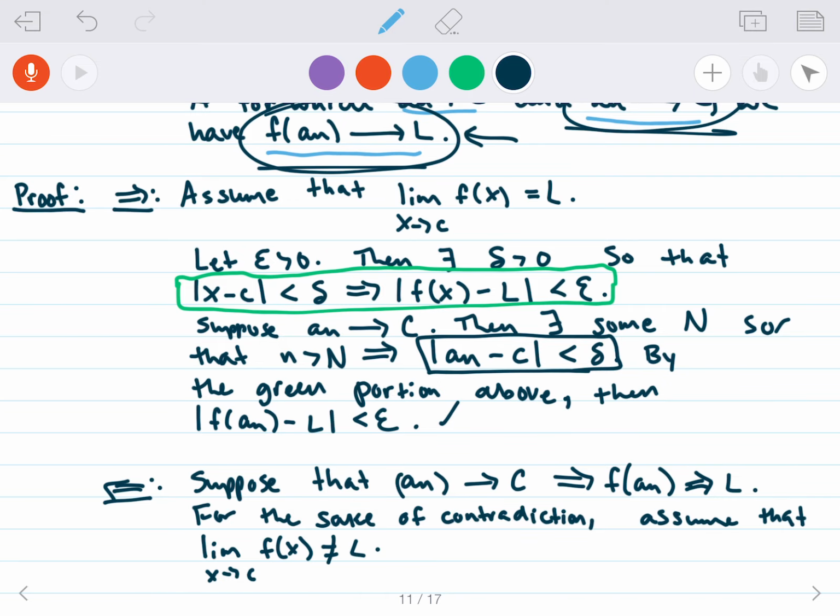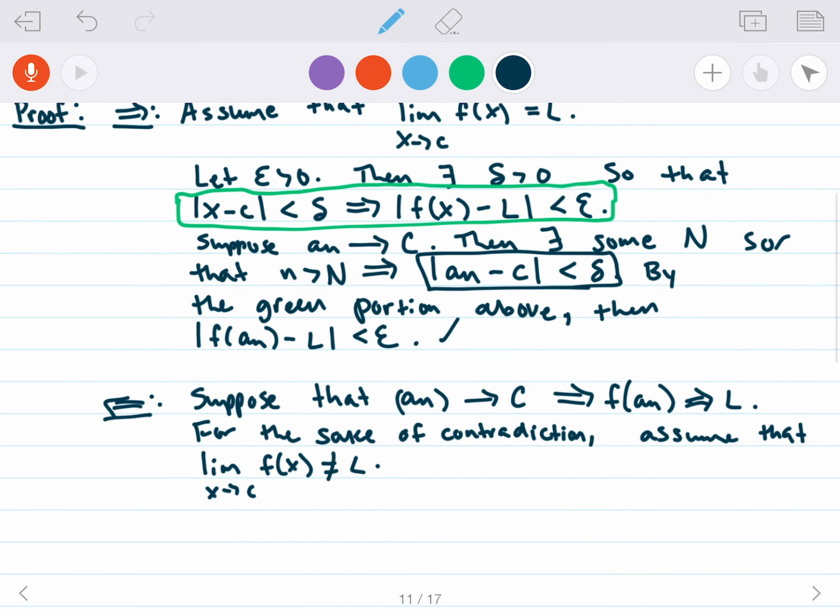Okay. All right, well, by I think the third slide, we said what this means formally. We said what it means for the limit to not be L. So we're just negating the statement of what it means for the limit to exist.